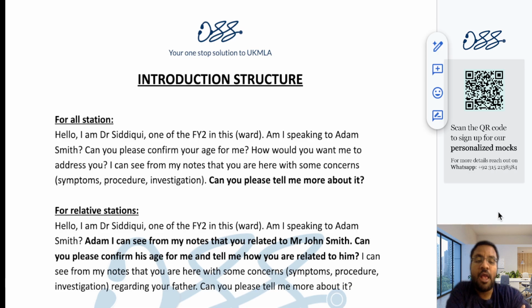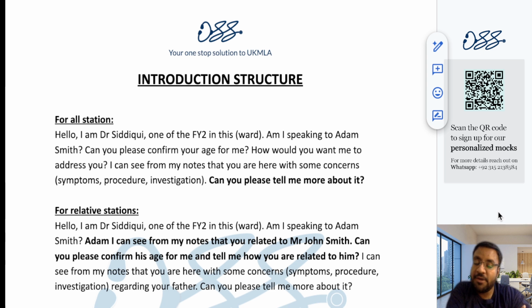Okay, so the first and foremost thing, the most important thing when you start the station, is the introduction. Introduction plays a very major role, because this is the first sentence that you speak, the first thing that you say, and as it is said, the first impression is the last impression.